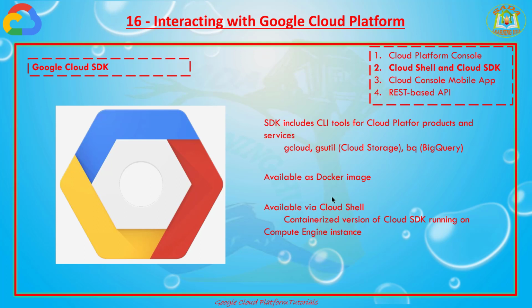All of these tools are located under the bin directory. If you install the Google Cloud SDK, you can interact with the GCP. Whether it is gcloud, gsutil or bq, all these tools are available in the bin directory.